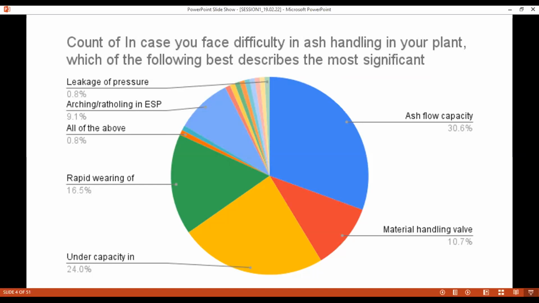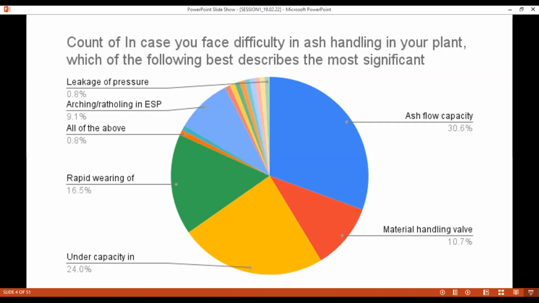Second is ash conveying capacity going down in the rainy season, that is 24%. There are quite a few power stations located in the eastern part of the country, where from the end of May right up to September or maybe the first week of October, we have long rainy seasons, and obviously they have this problem.